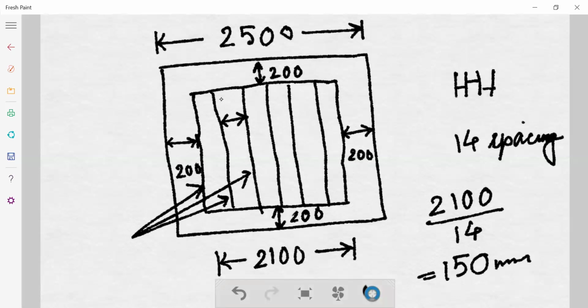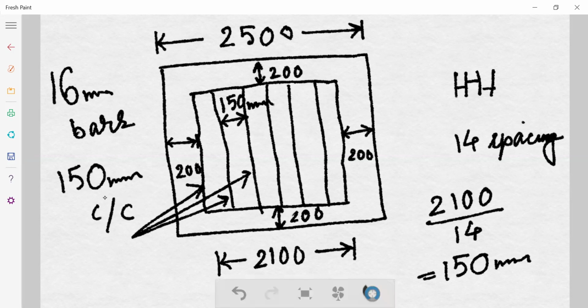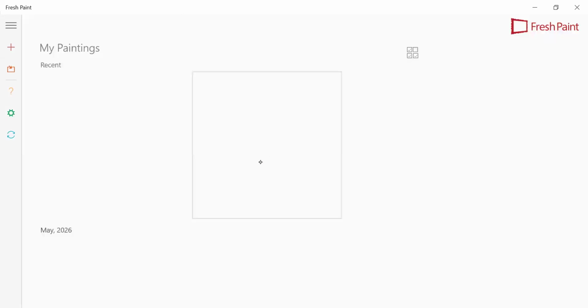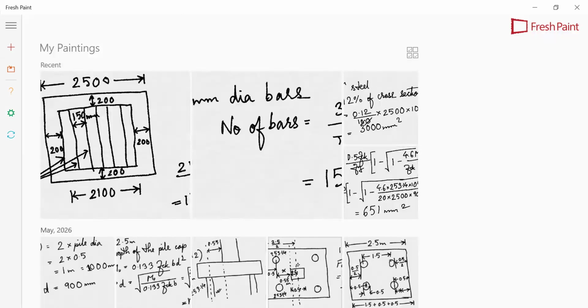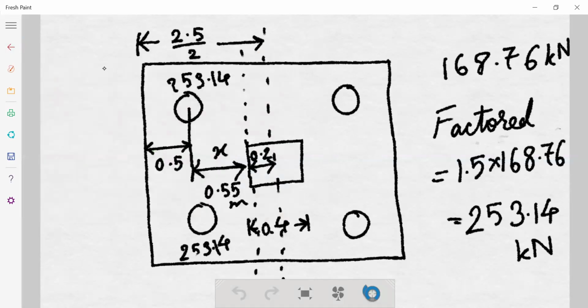So we give 16 mm bars at 150 mm center to center. We have already got the pile size, pile depth is done, and the reinforcement is done. So this is the end of the problem. Okay, thank you.